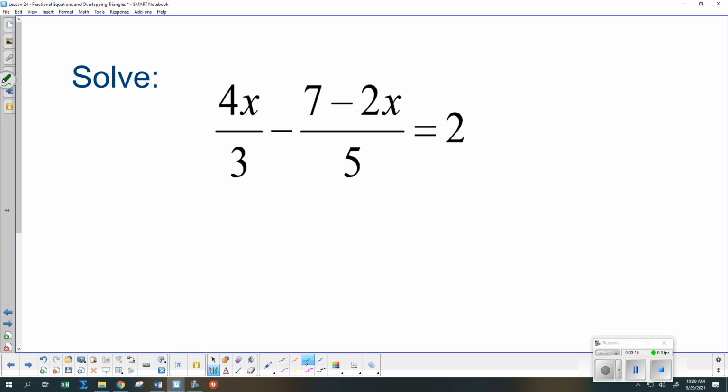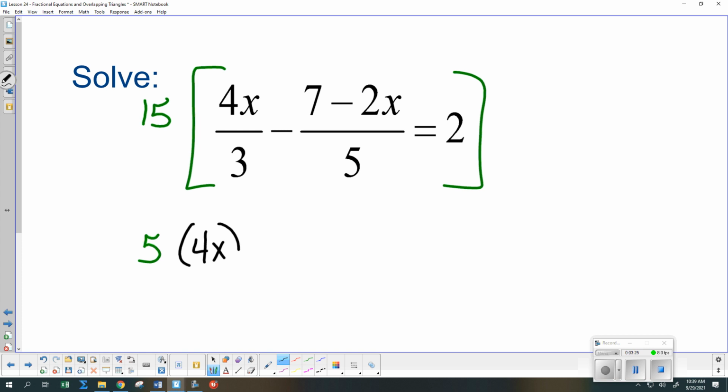All right, so let's get that up here. Let's multiply this whole thing by 15. And then the 15 over 3 gives me a 5 times the original numerator, 4x. And then I have a minus. And then the 15 over 5 gives me a 3 times that original numerator, 7 minus 2x, equals the 15 times 2, nothing cancels.